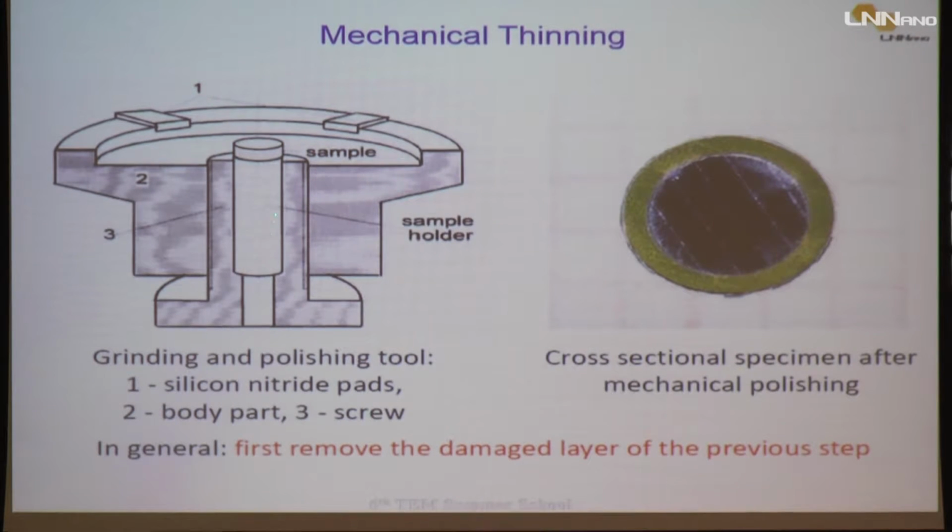You have here a sample holder, and you have the possibility with this part here. It's a screw, okay. You put your sample there, and then you can go with the screw, putting your sample to the outside. And here you have very, very hard material, silicon nitride pads.